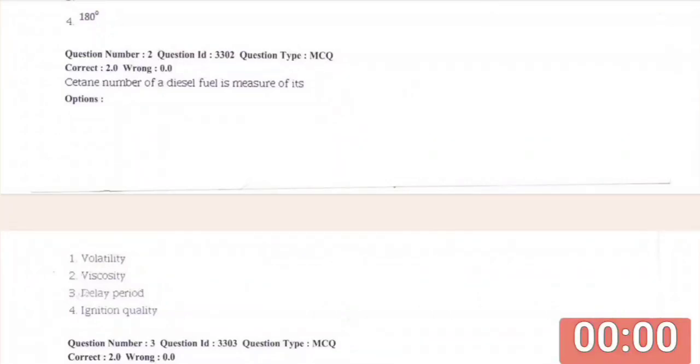Don't confuse between the alpha methyl naphthalene and isocetane. Alpha methyl naphthalene was assigned a cetane number of 0. Once the blend is known, the cetane number is calculated as the volume weighted average, rounded to the nearest whole number, of cetane 100 and heptamethylnonane 15.